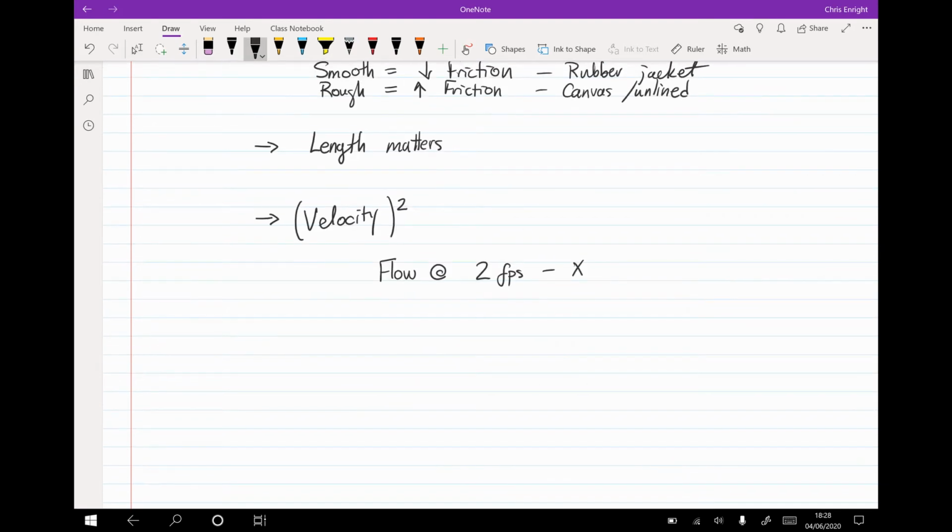As soon as we increase that flow, we just double that to 4, that's x squared. As we increase that even more, we double that again, we go up to 8. So it increases in a nice steep curve as you increase the speed of the flow.